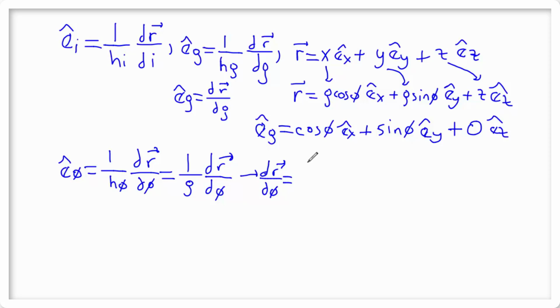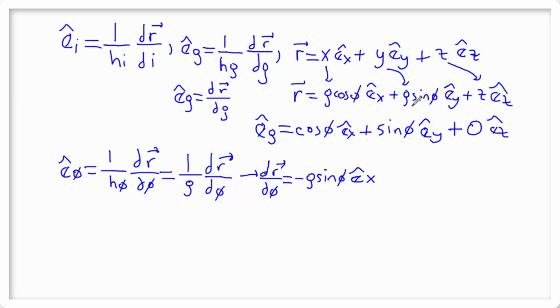This equals, friends, now focus on here. When we look at x, I will derive according to phi. Let's pay attention. What is the derivative of cos phi? Is it minus sine? Yes, right. Rho will remain the same: minus rho sin phi ex.